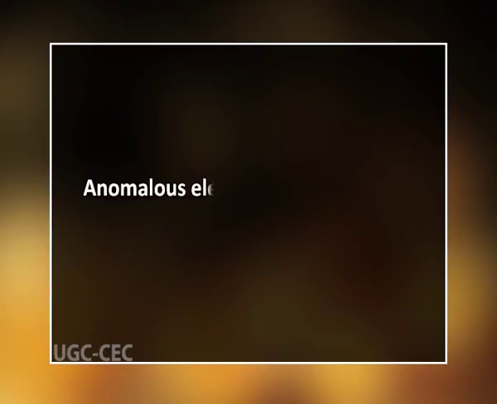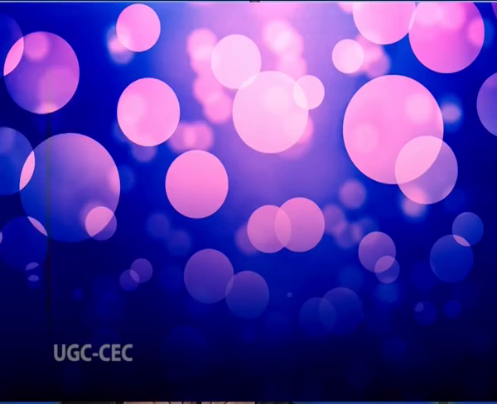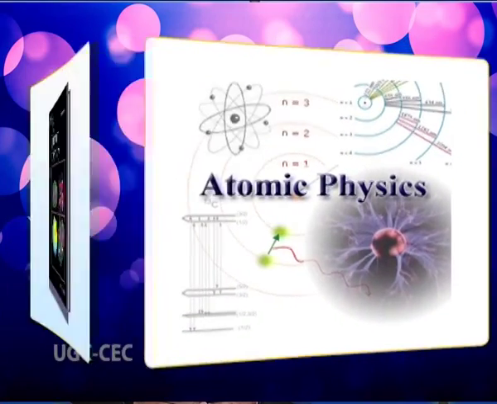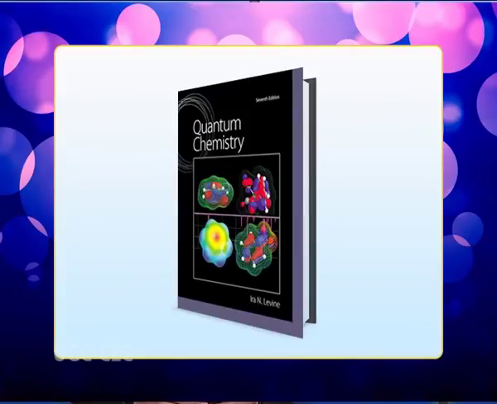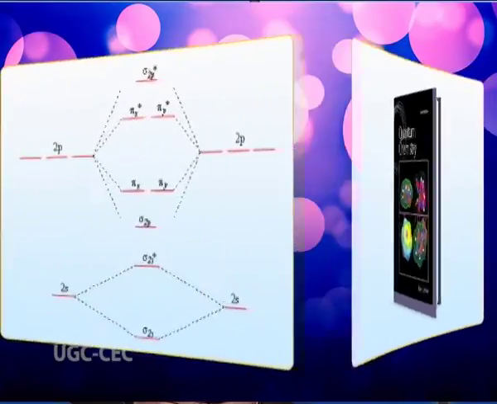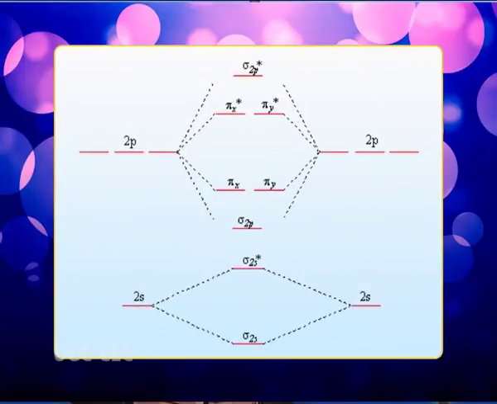Now, let us discuss the last part of today's lecture, that is anomalous electronic configurations. In atomic physics and quantum chemistry, the electron configuration is the distribution of electrons of an atom or molecule in atomic or molecular orbitals.